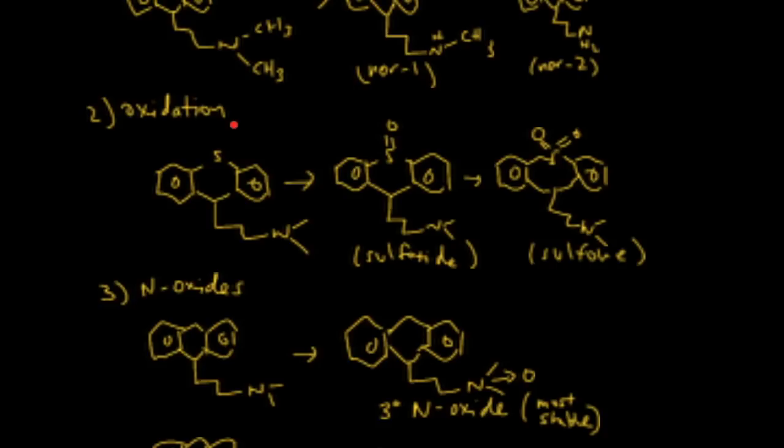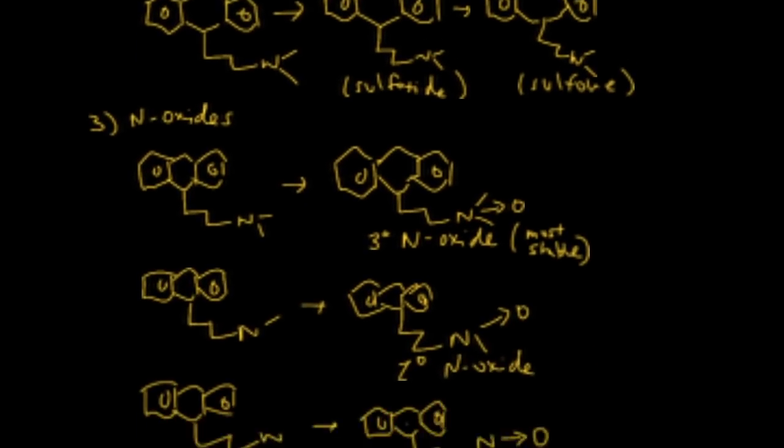So here's your sulfur at the top. You can oxidize it to a sulfoxide, which has 1 oxygen, which can be further oxidized to a sulfone, which has 2 oxygens. So no oxygens turns into 1 oxygen, turns into 2 oxygens. Note that both oxygens are double bonded to sulfur.